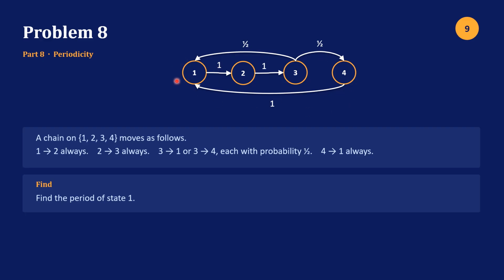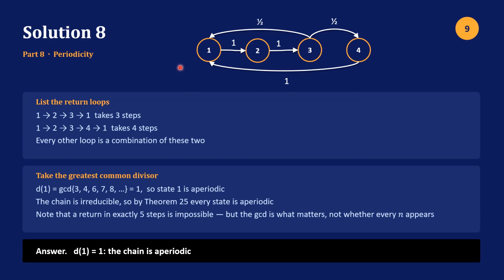So we need to find the period of state 1. As you may recall, the period of a state is the GCD of the different numbers of steps in which you can return. You can see here we go 1, 2, 3, 1, so it's possible to get back to state 1 in 3 steps.